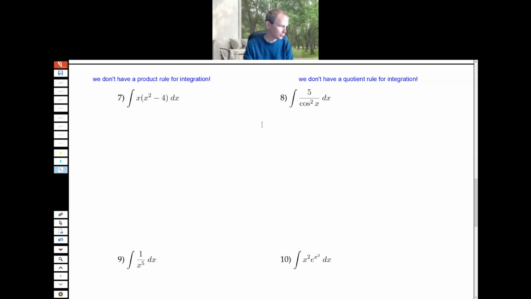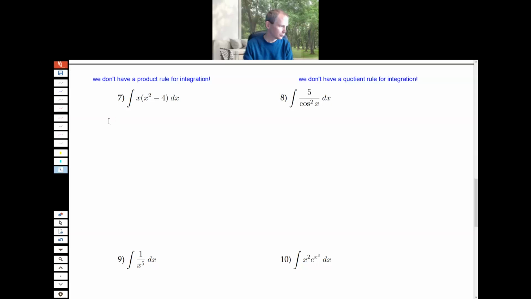All right. So for 7 and 8, there is no product rule for integration. Right? For 8, there's no quotient rule for integration. Later on, I think it's chapter 3, we will look at some way to do an integral that involves a product, but that's not something we would want to use here anyway. Okay, so it's really complicated, and it's for other stuff.